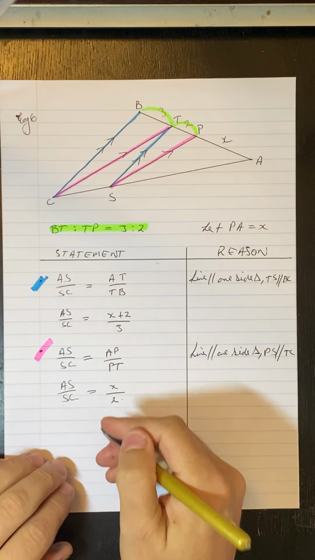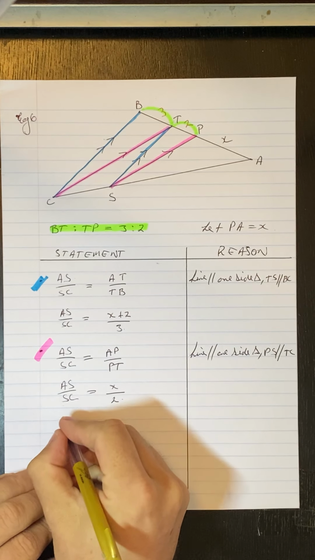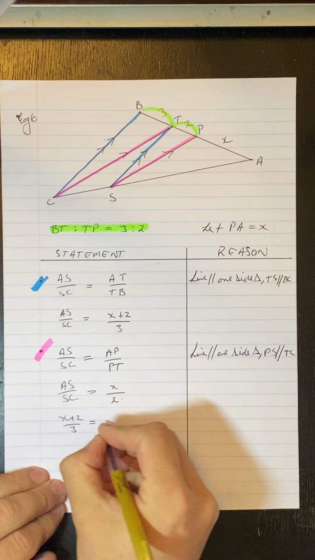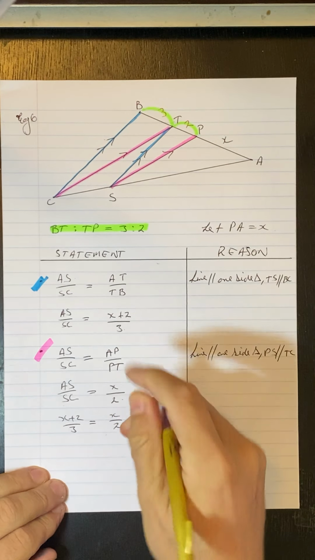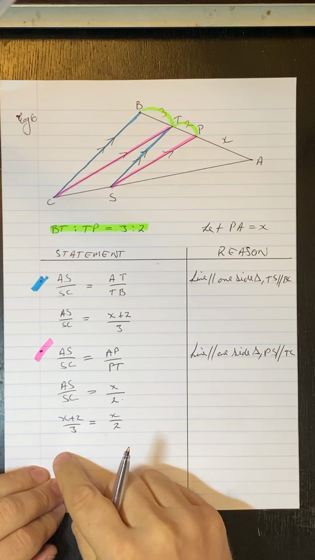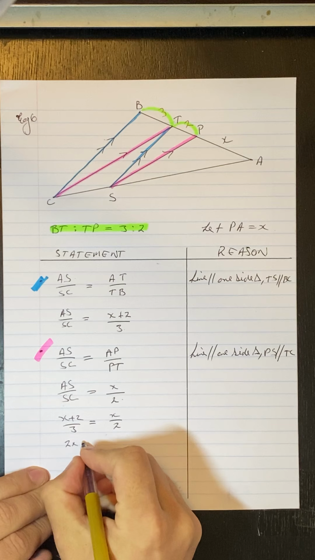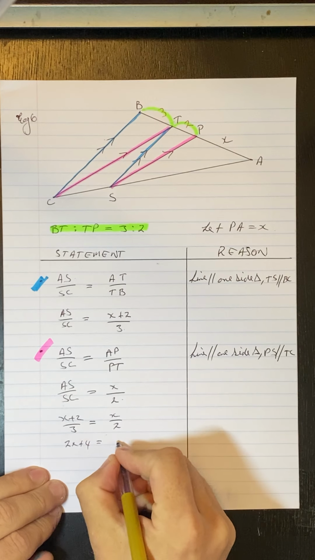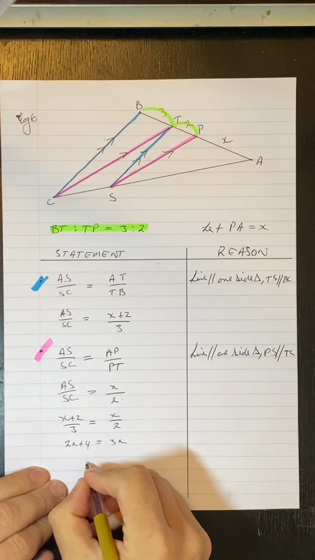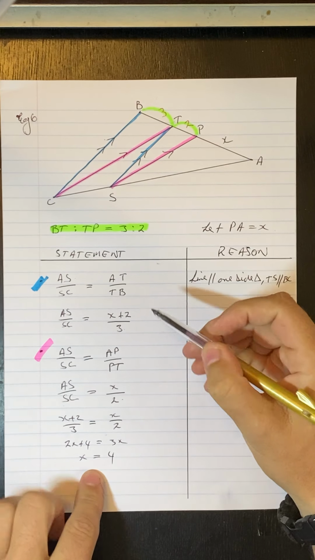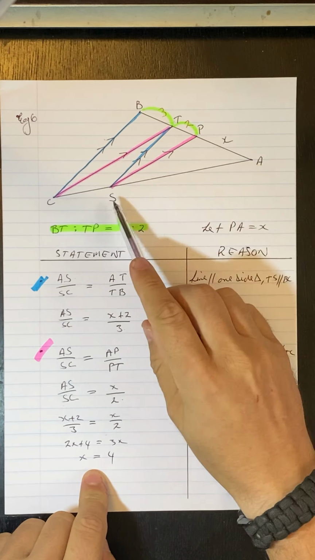So I'm just going to solve for X. So we get X plus 2 over 3 is equal to X over 2. This one equals this one. I'm just going to multiply up, and we get 2X plus 4 is equal to 3X. And if you solve for X here, you get X is equal to 4. So we still want to find this AS to SC.